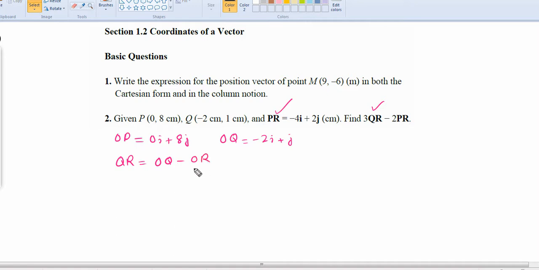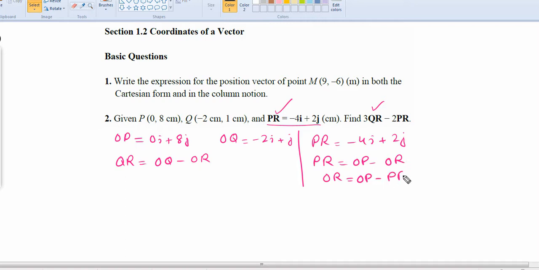Now I do not have OR, so I'll work out OR from PR. PR is equal to negative 4i plus 2j, and as we know, PR is equal to OP minus OR. So from here I'll work out my OR. OR will be equal to OP minus PR.